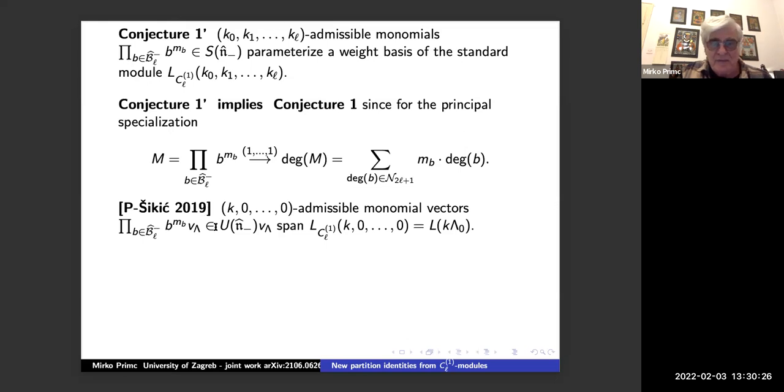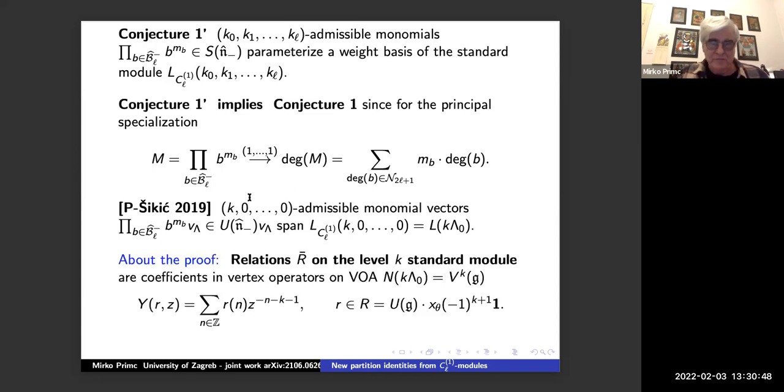It says that K-not-admissible monomial vectors span the vacuum module. So it's not what we want, but it's in the right direction.